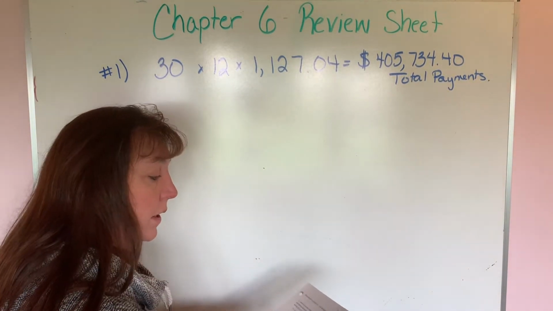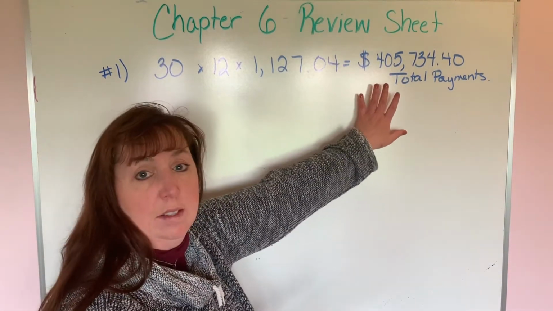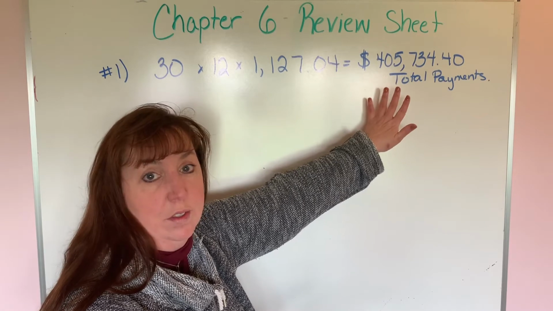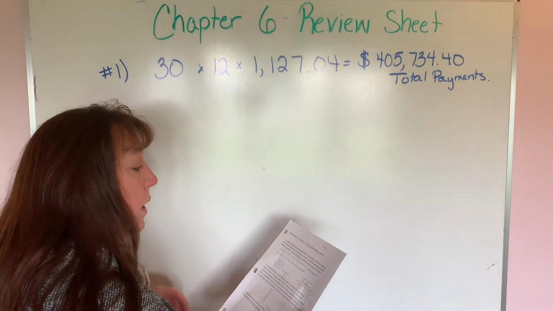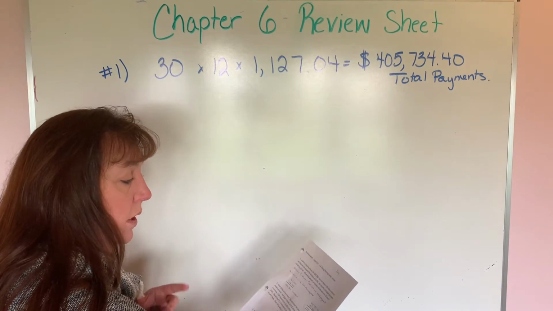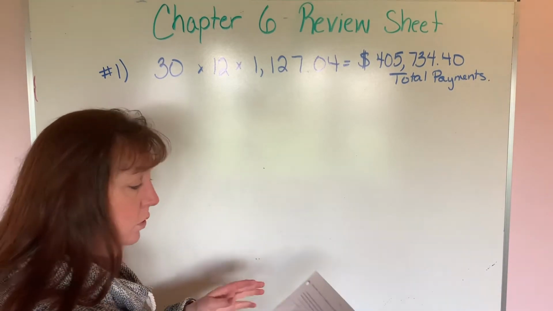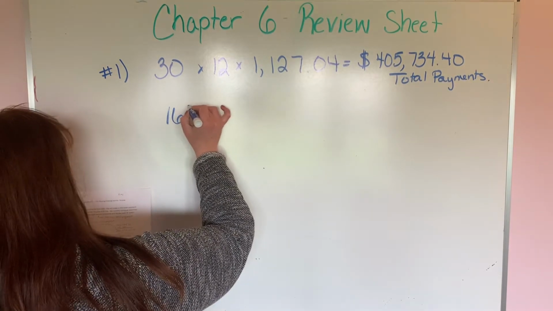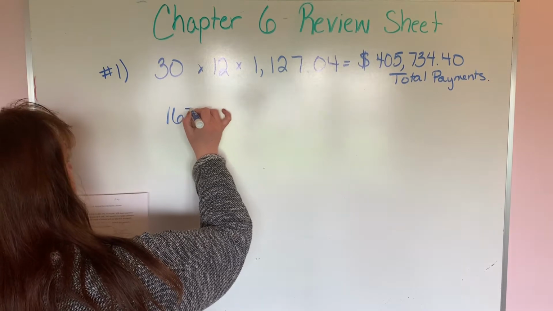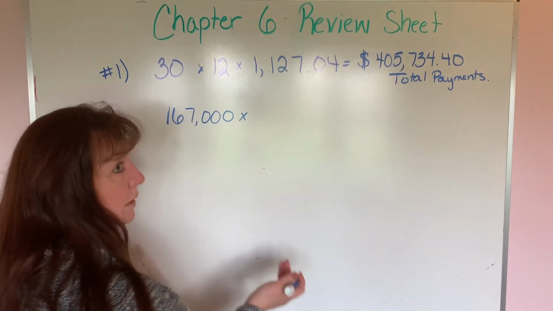All right, we're going to need that information later. Our goal is to find how much interest she paid over the 30 years. This is how much she paid in total. Not all of this is interest, so we got to figure that out. When she bought the home, her purchase price was $167,000, but she did pay 10% down. So we got to figure out how much she paid for a down payment. $167,000. We're going to figure out 10% of that because that was her down payment.